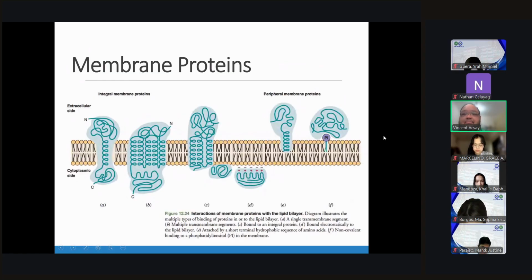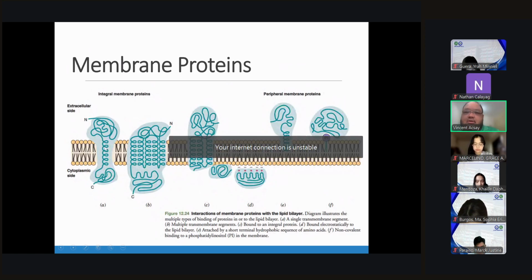Here's a diagram that shows the difference between integral membrane proteins, where you have a protein that spans the entire membrane. It will have hydrophilic ends on the extracellular side and the cytoplasmic side, and an internal area that is composed of hydrophobic amino acids.